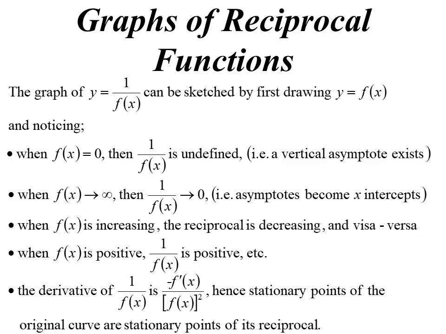When we differentiate, and okay, we haven't looked at calculus yet, but if I was to differentiate 1 on function x, I end up with minus the derivative on the function squared. So that therefore means stationary points, which occur when the derivative is equal to 0. So in my new function, the derivative is still going to be 0, because the original derivative was 0. I've got 0 over the function squared.